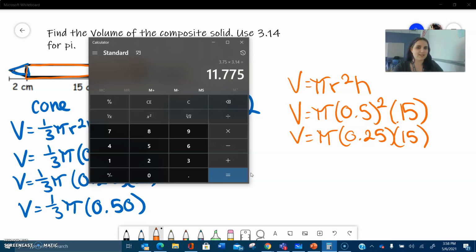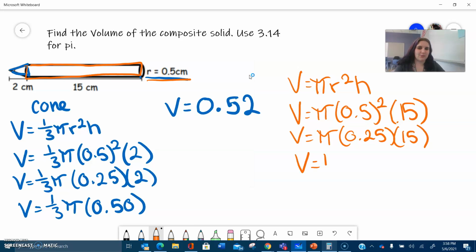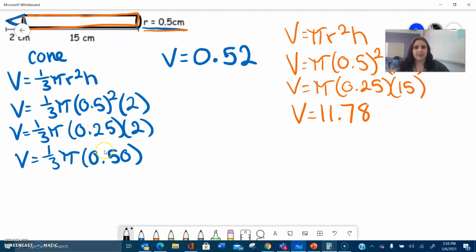And I'll round that second 7 up to an 8, since there's a 5 after it, it's close to 11.78. So V equals 11.78. So now that we have the volume of each individual piece, we can add them together to get the total volume.